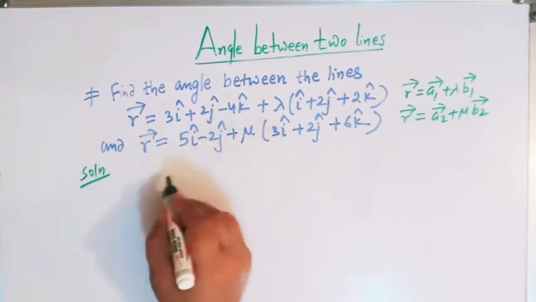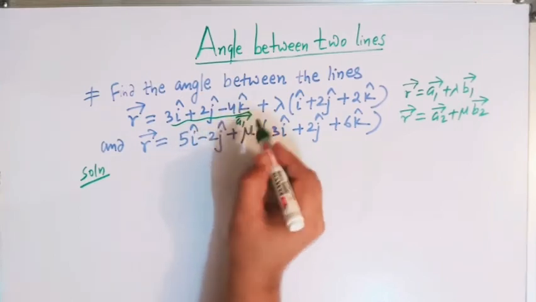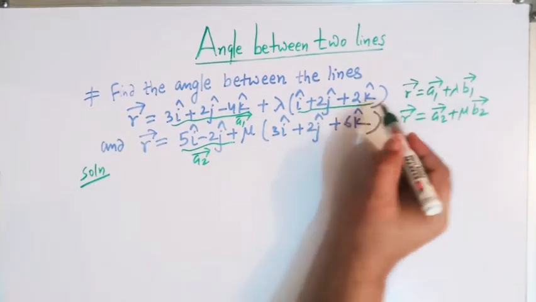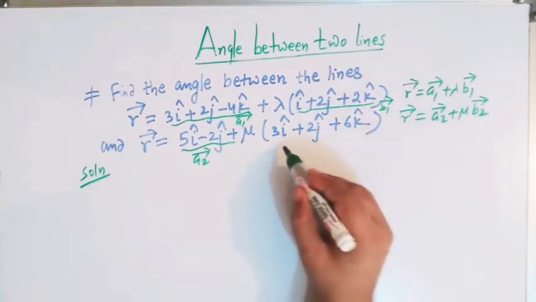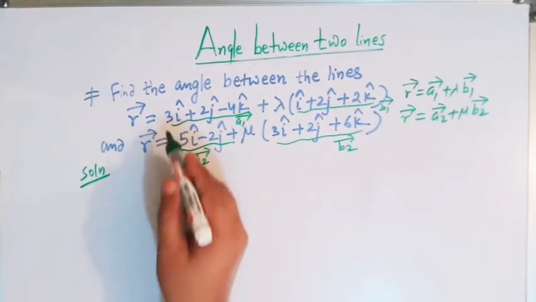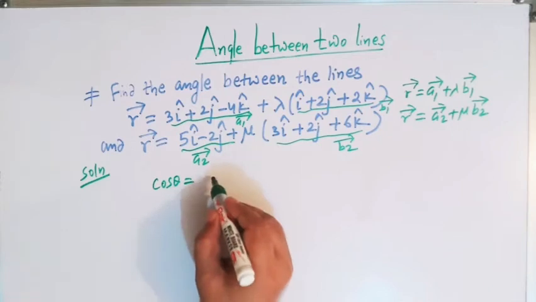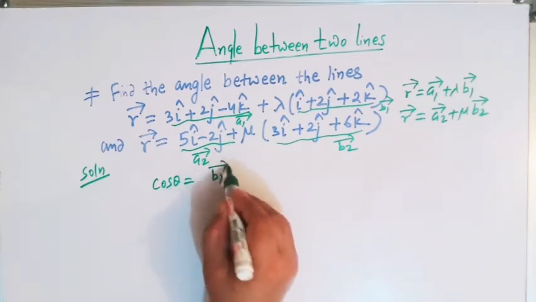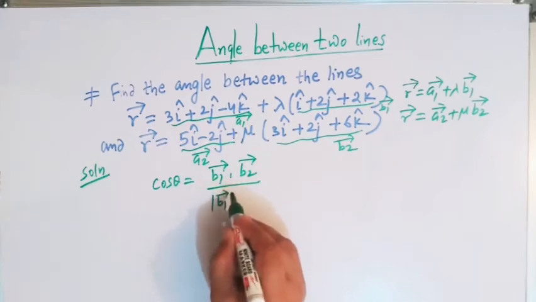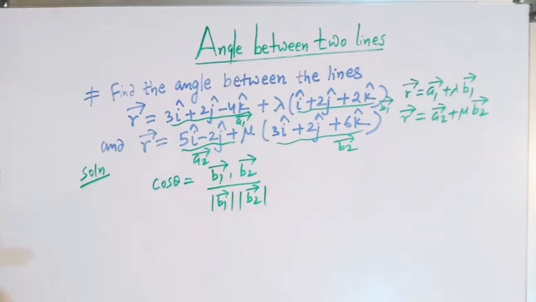Now here this vector is a1, and this vector is vector a2, and this vector is vector b1, and this vector is vector b2, right? So if theta is the angle between these two lines, then cos theta is equal to b1 dot b2 divided by the magnitude of b1 and magnitude of b2, right?